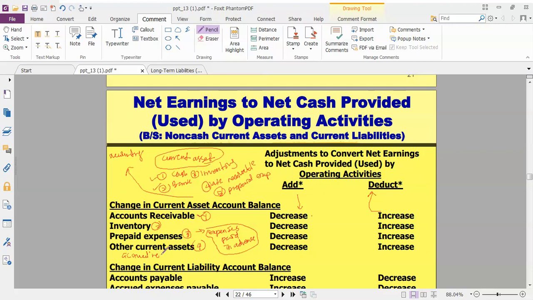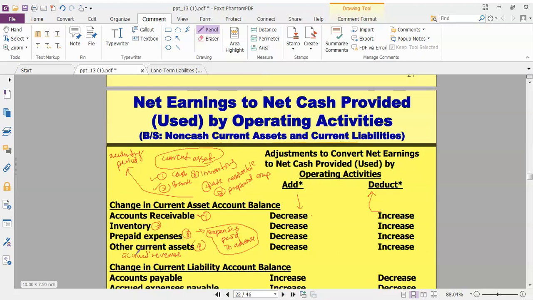Other current asset we call accrued revenue. What is accrued revenue? It is the revenue of the things that we did not get yet. Supposedly we should have got that revenue in that accounting period, but we did not receive it yet in that accounting period.